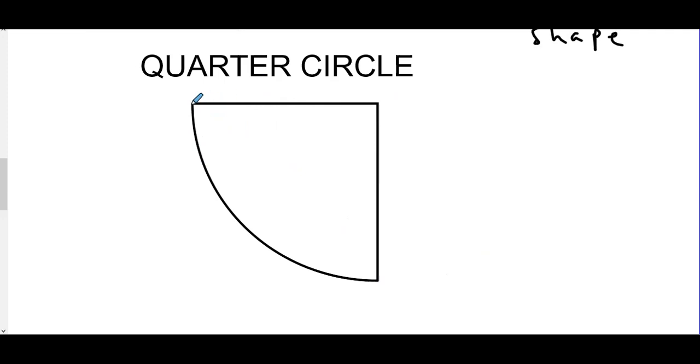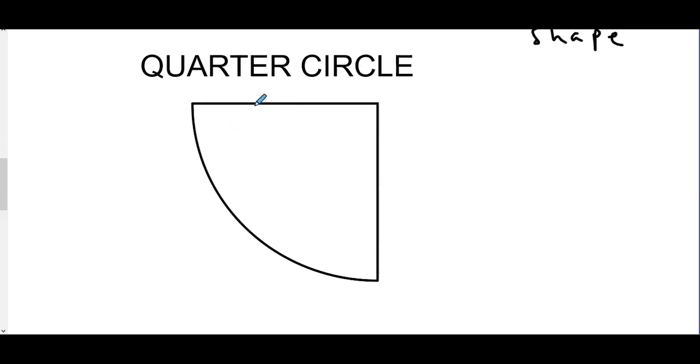What do we call this part on a quarter circle, and this part? Once you know the name for this part, this part and this part are the same, so that name will automatically be the name of the other part as well.